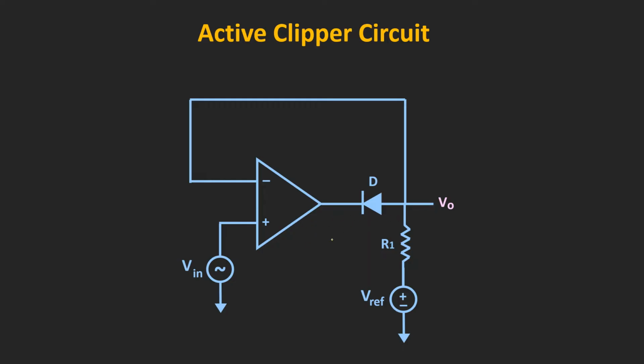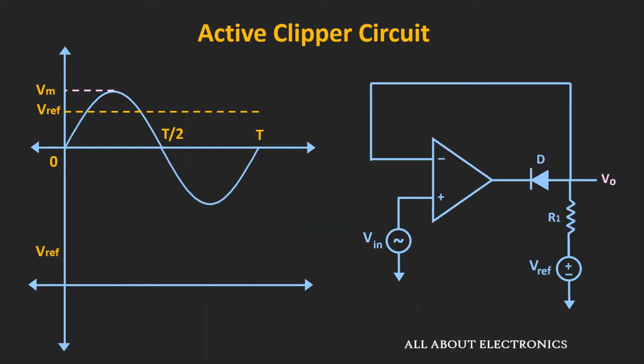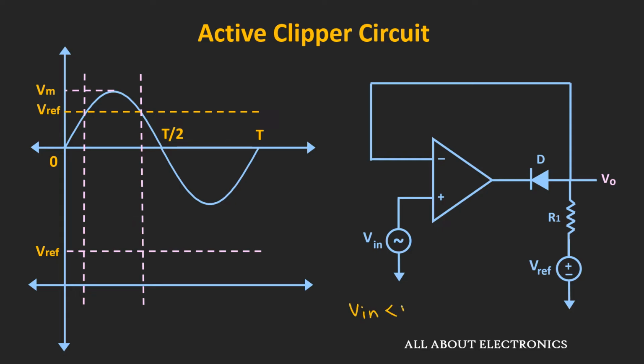Now let's understand the working of this circuit by applying a sine wave as an input signal. Here, let's say a sine wave with a peak value of Vm is applied as the input signal, and Vref is the reference voltage. First of all, let us see what happens whenever the input voltage is less than the reference voltage.